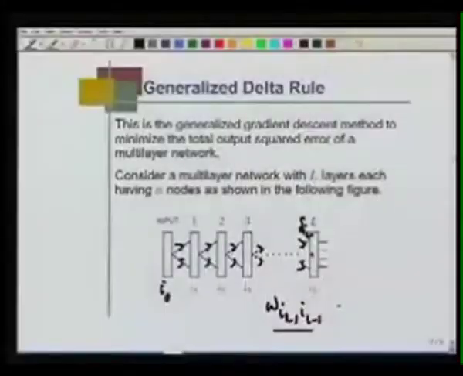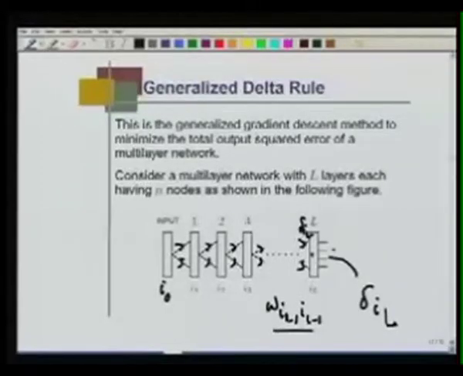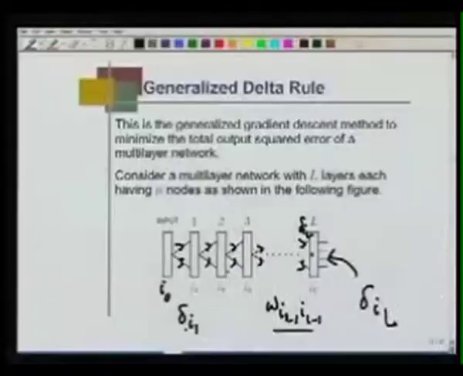So we have to compute delta_iL for the output layer, and based on that we finally compute delta_i1. Delta_i1 is computed based on delta_i2, delta_i2 is computed based on delta_i3, delta_i3 is computed based on delta_i4 and so forth.